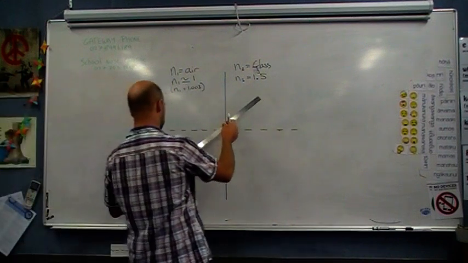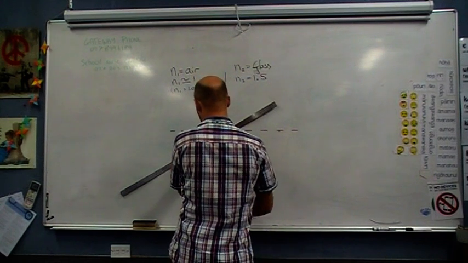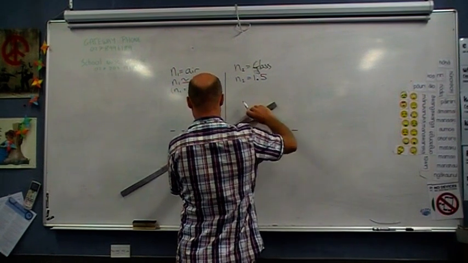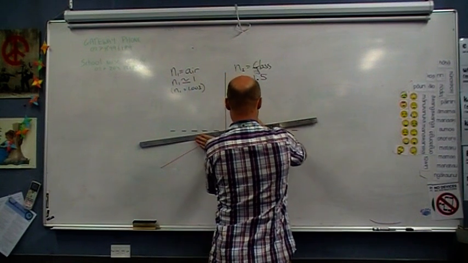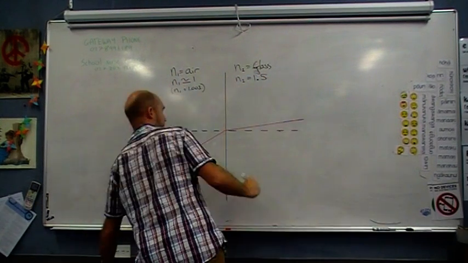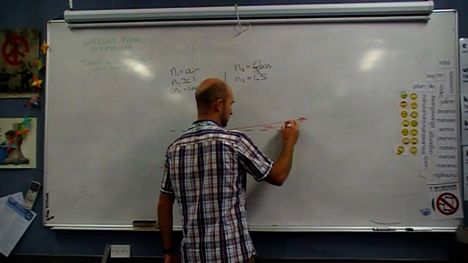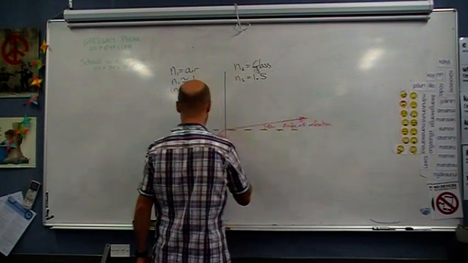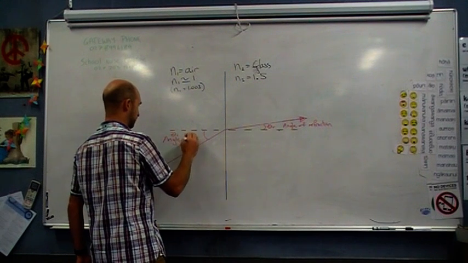And so we had an angle. We didn't put any numbers on this, did we? Just an example. But we did call this theta r, angle of refraction, and we did call this theta i, angle of incidence.